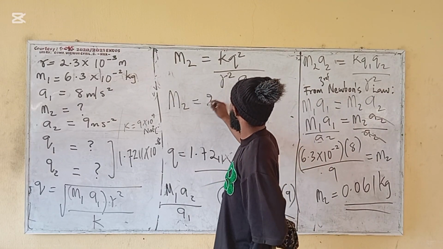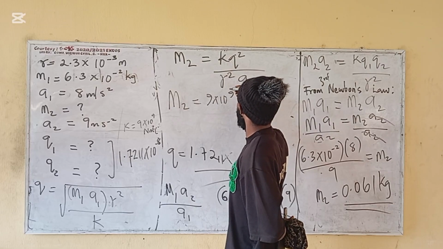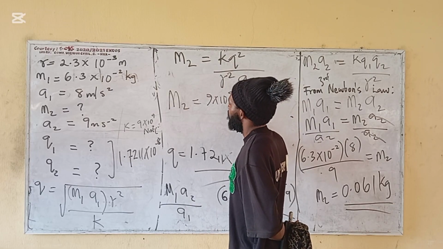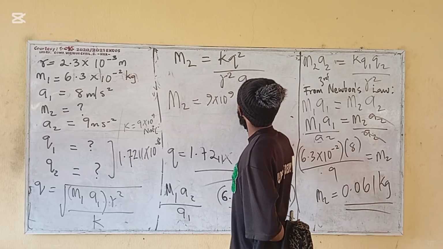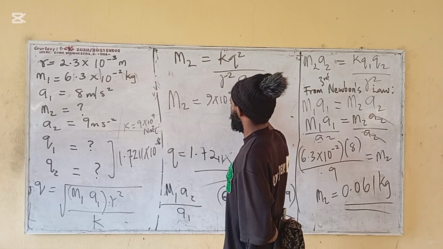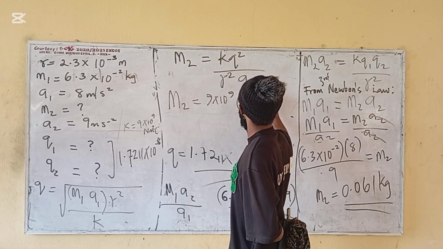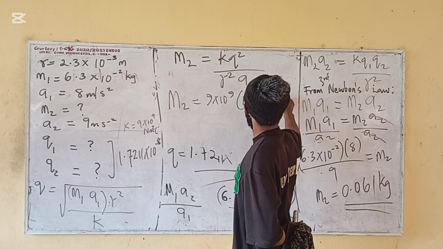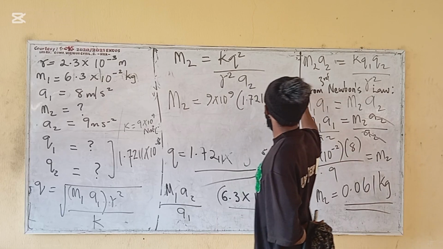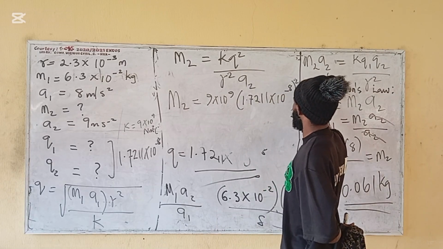M2 equals to 9 times 10 raised to 9, and Q is 1.7211 times 10 raised to minus 8 squared.